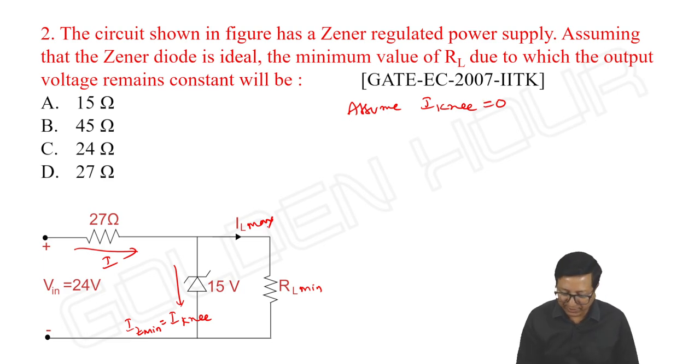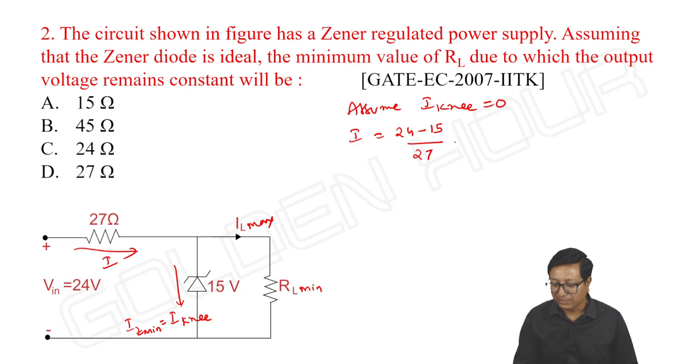And what about I? I and IL maximum will be the same. So what about I here? It is V in minus Vz by R, that is 24 minus 15 by 27. 9 by 27, it is 1 by 3 ampere, 0.33 amperes.